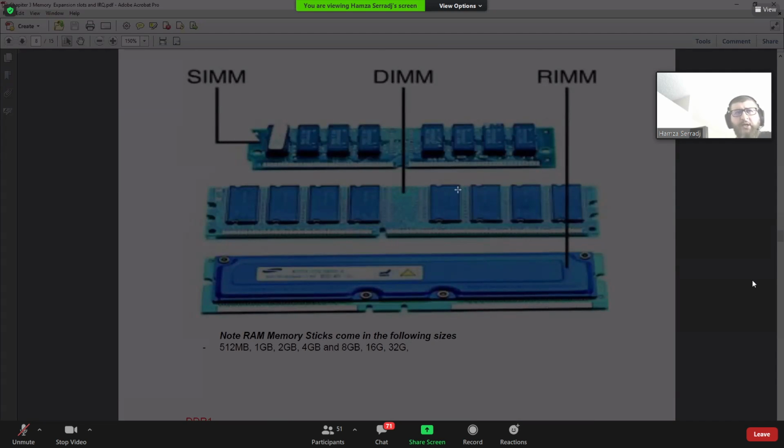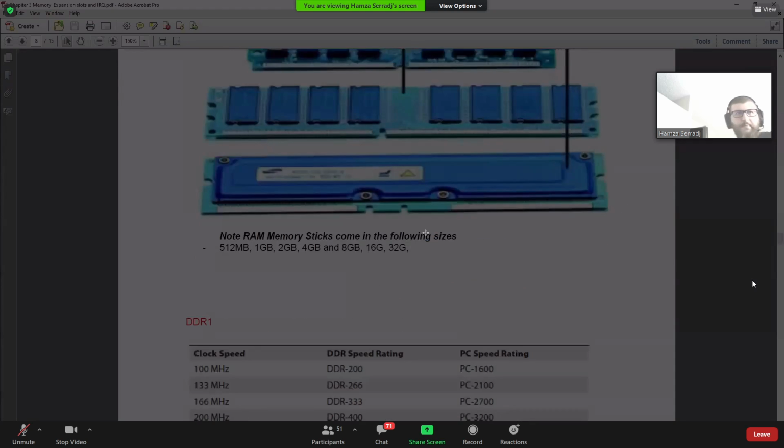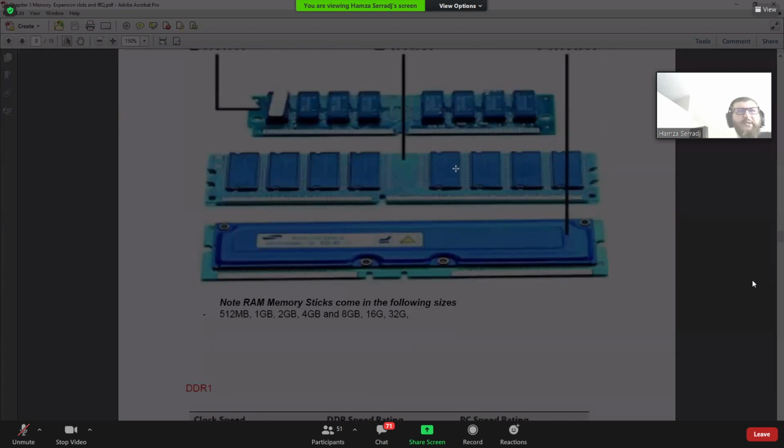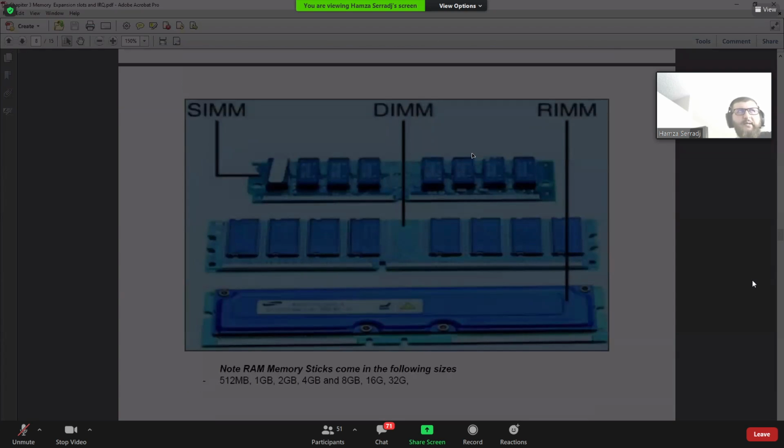Those chips here are called memory banks. Memory banks in each one. Okay, and they all belong to the final amount of capacity of this RAM. Electronically called TSOP, I guess.